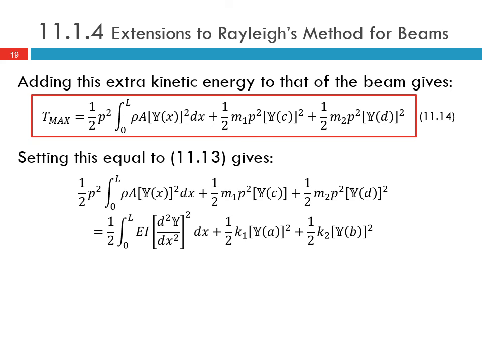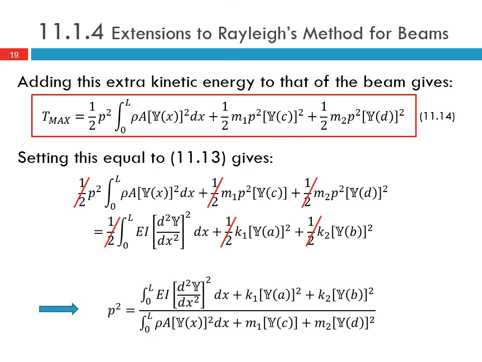And now if we set our T max equal to our U max, we get this expression here, and we can cancel out the 1/2s and rearrange to solve for p squared. So our estimate of p squared now contains these additional elements for the additional springs and additional masses.